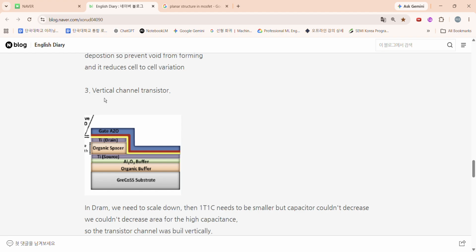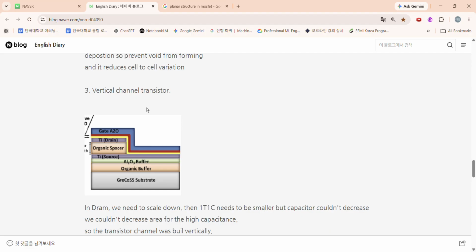So why is this called the vertical channel transistor? The reason why we use the vertical channel transistor is that we want to scale down the MOSFET size to integrate more and more in a die.